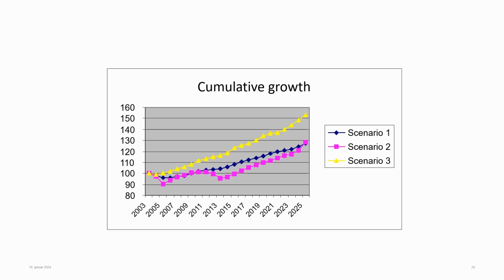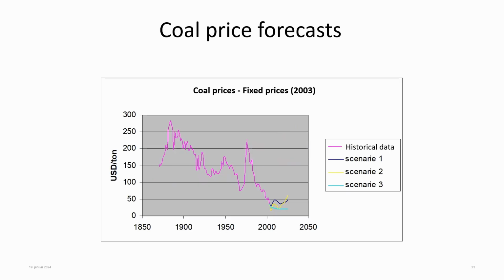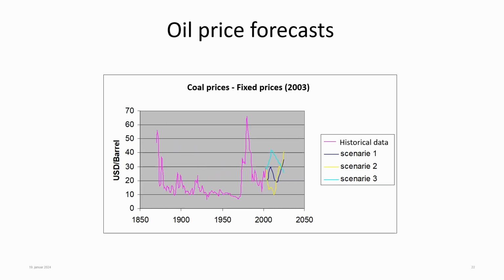What you can see here is the forecast we made for the growth in society in the three scenarios. And here is a forecast for coal prices in the three scenarios. And here you can see a forecast for oil prices in the three scenarios.